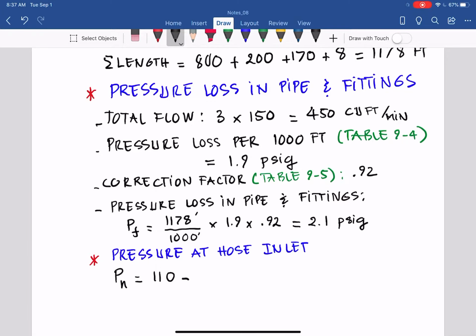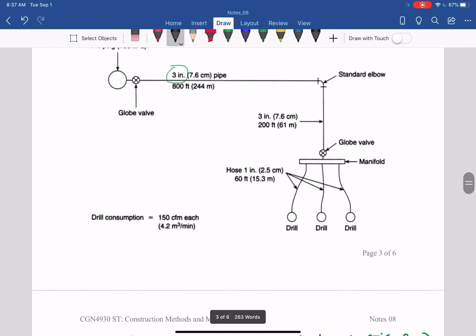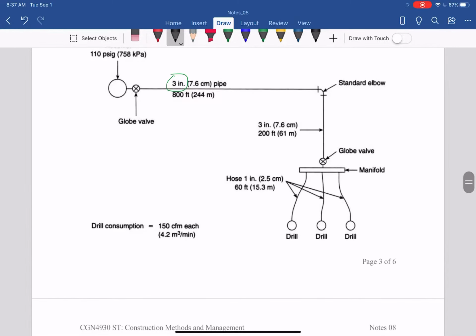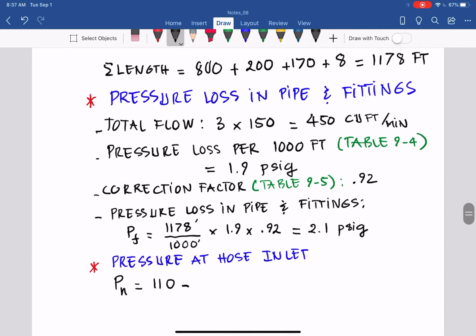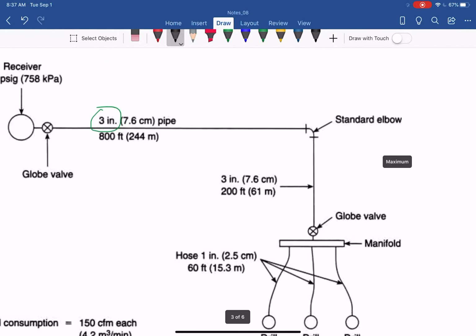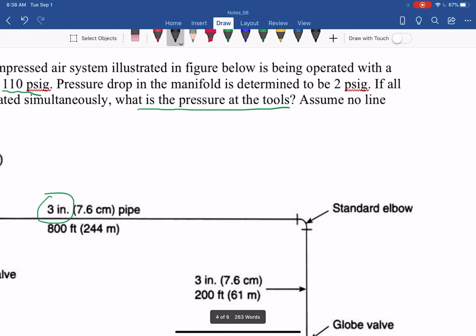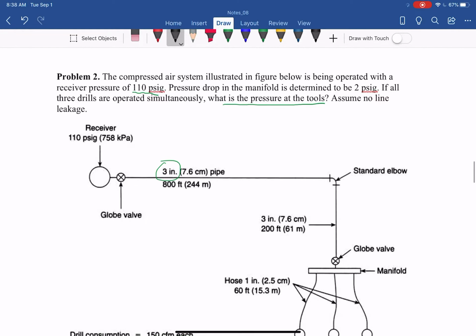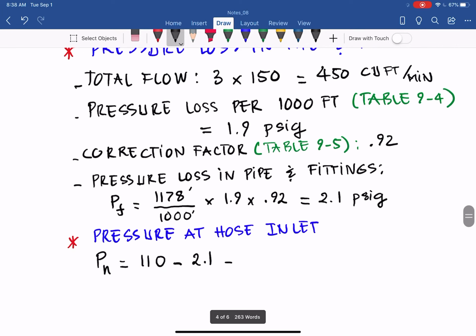We have to subtract loss throughout the pipe and the fittings, and that we just determined 2.1. And then we need to subtract the pressure loss at the manifold, and the problem give us 2 psi, so you have to subtract 2.